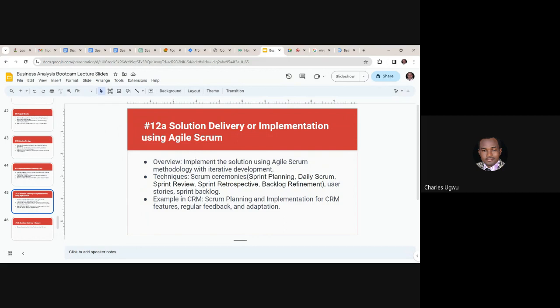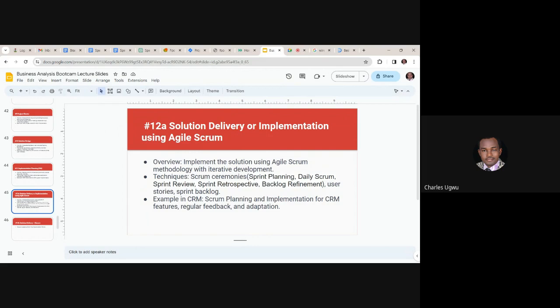During the deployment stage, the first thing is the Scrum team, which is made up of the Scrum Master, the product owner, and the development team. The development team are the business analysts and the programmers.